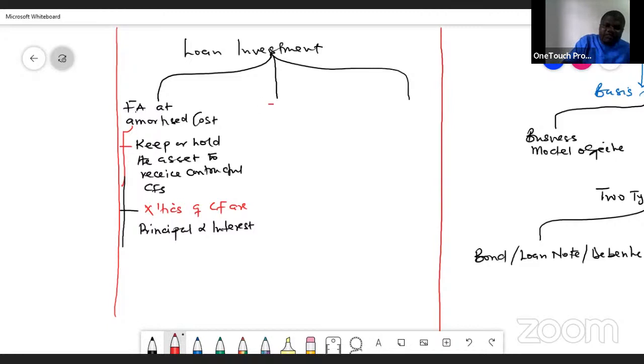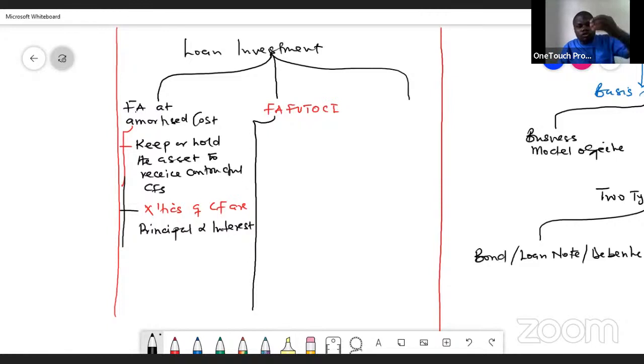Then if it is at fair value through OCI, I've told you that once you want to know the classification, ask two things. One, what is the business model objective? Two, what are the characteristics of the cash flows?